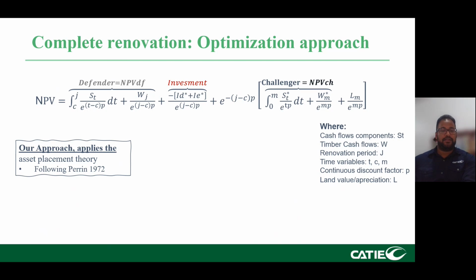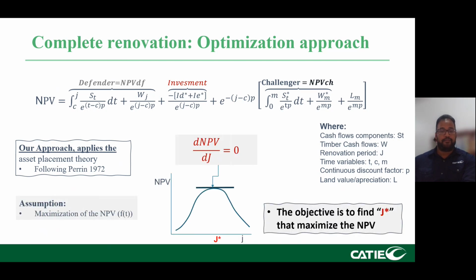This theory has been applied broadly to determine the replacement policies for machinery, forestry, citrus, palm oil, etc. But there is limited attention to how to renovate agroforestry systems.